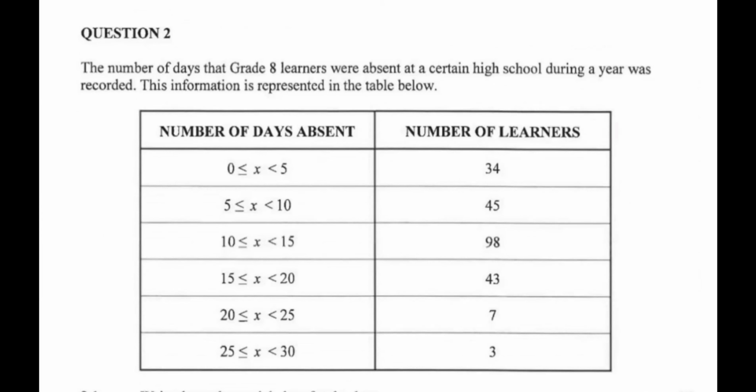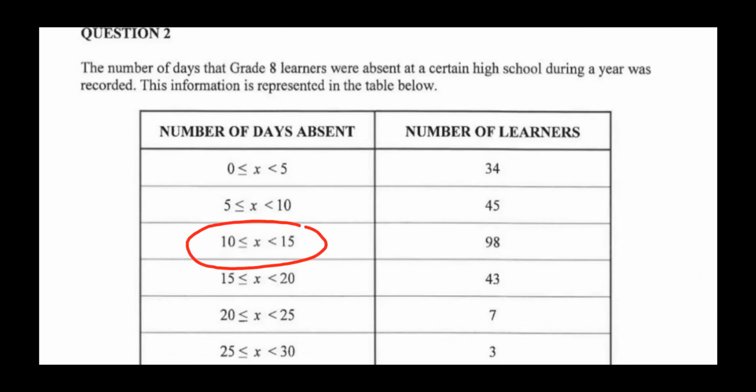If you look at our X column, it's definitely the learners that stayed absent between 10 to 15 days, because there were 98 learners. For all the others, it's much less. Like 45 is the next best thing. So this one definitely has the highest frequency.